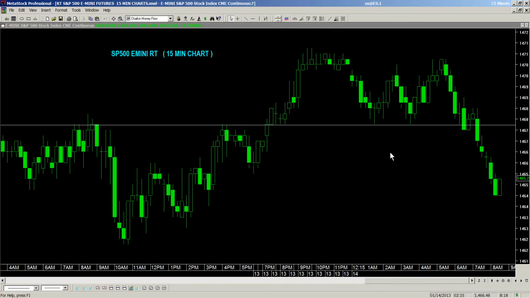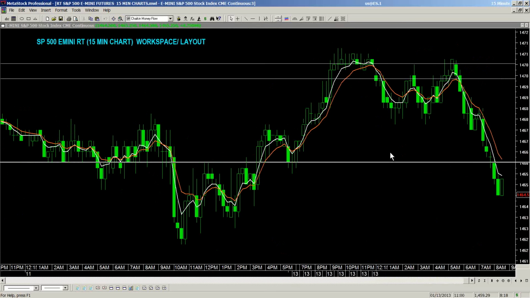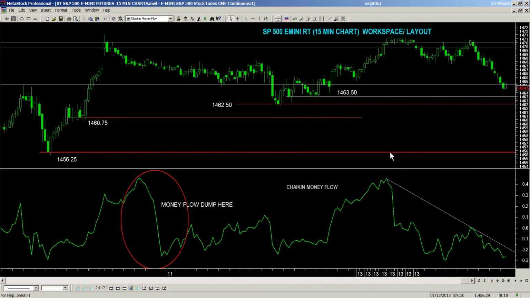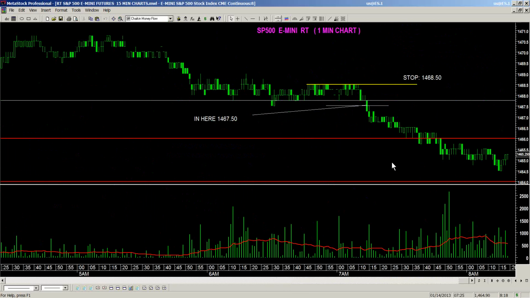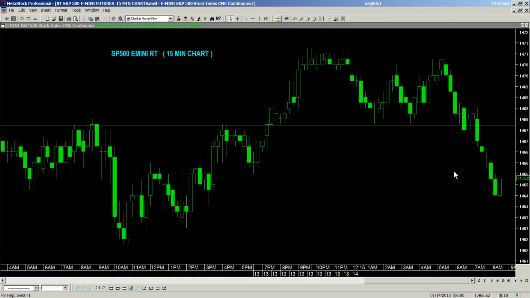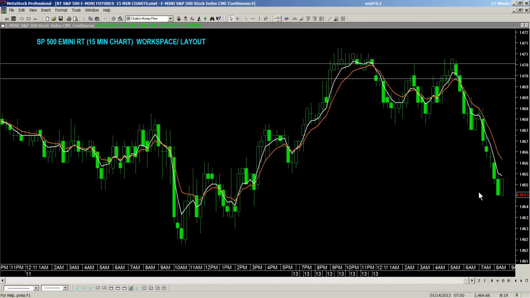Let's take a look at the 15-minute indicators. We may want to get out of this trade, book the profit. 14.65.25, 14.65. The up movement suggests possible stall.